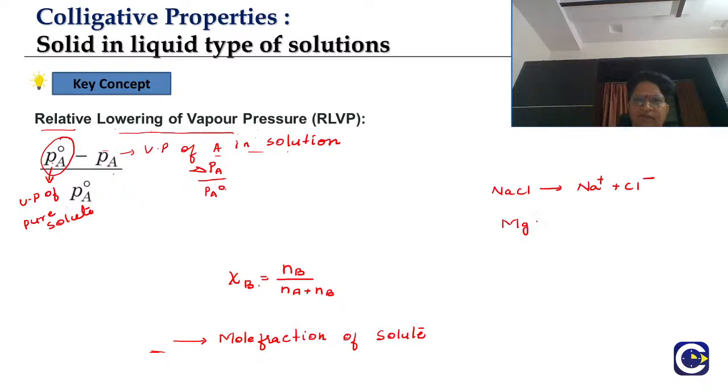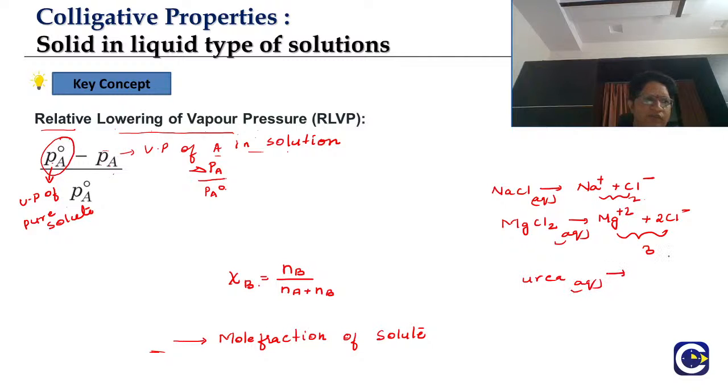If I take MgCl2 in aqueous solution, in the solvent water, it will give us Mg plus 2 and chloride ions, particles எவ்வளவு வருதுங்க 3, இங்க வந்து 2. If I take urea in water, it will not split up, number of particles is same, one only.